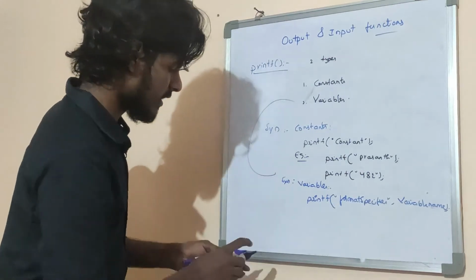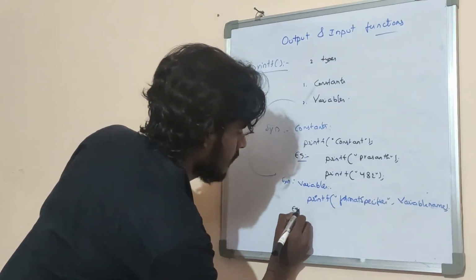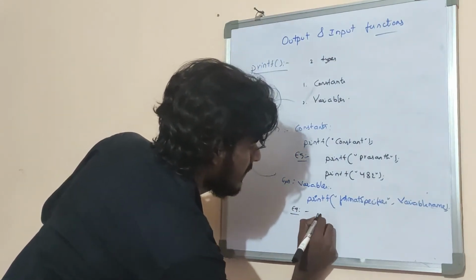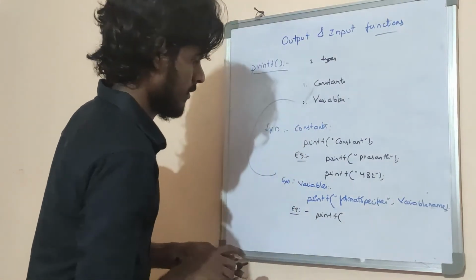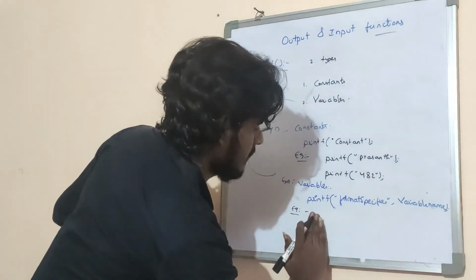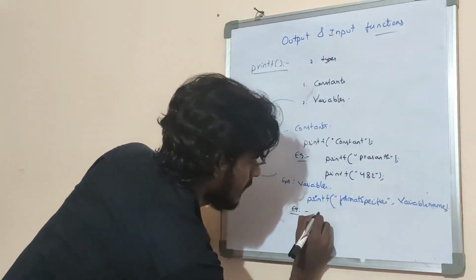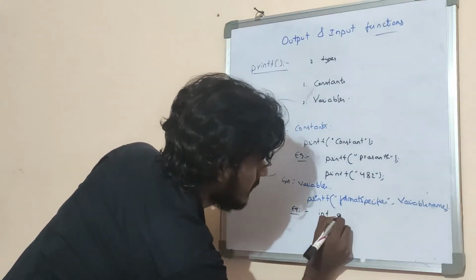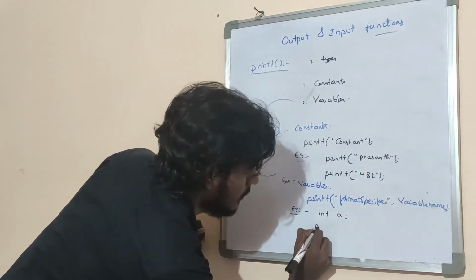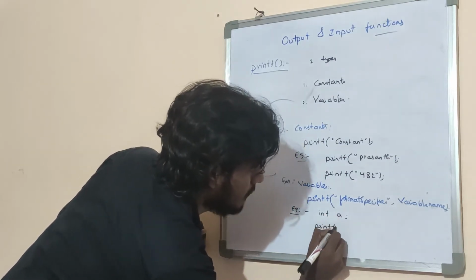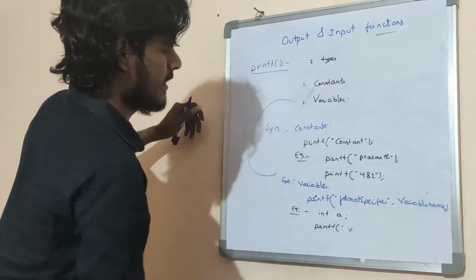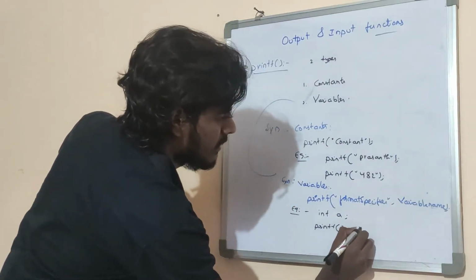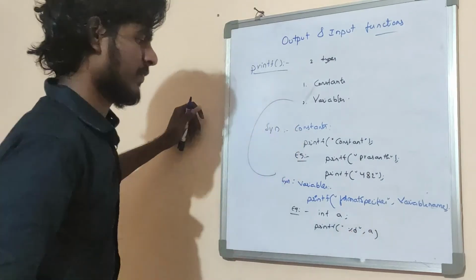Okay, example, int a, printf. What is the format specifier for integers? %d and a.